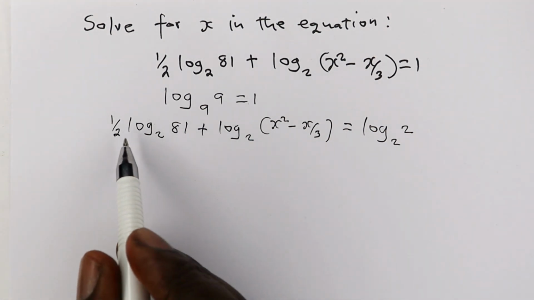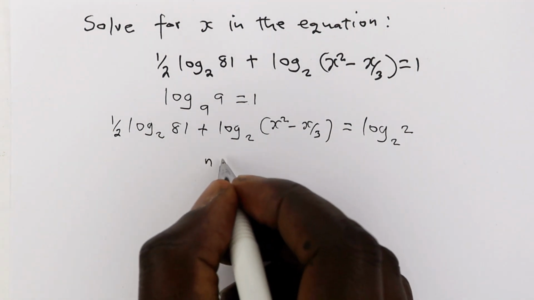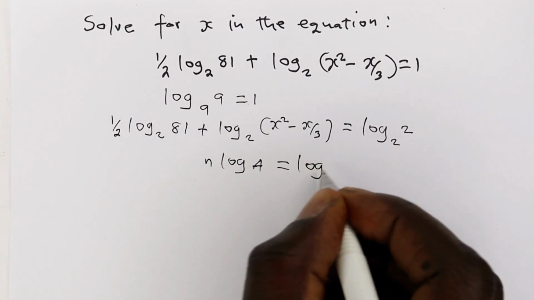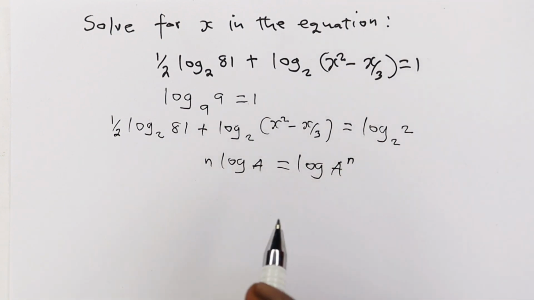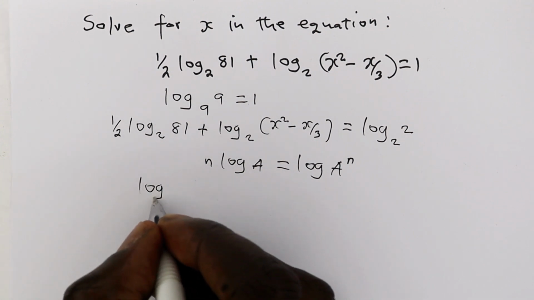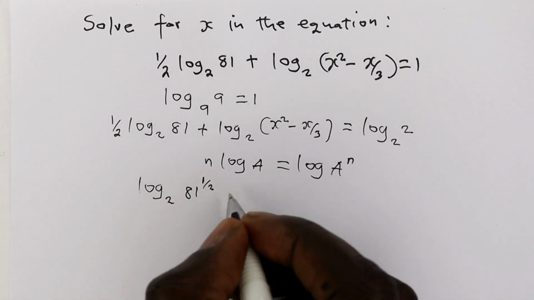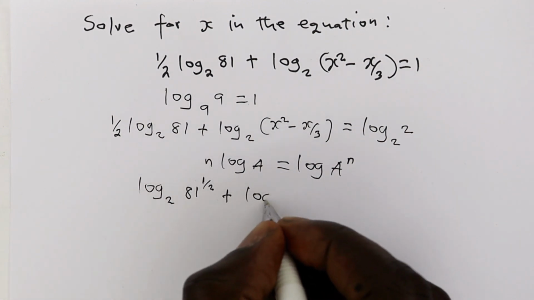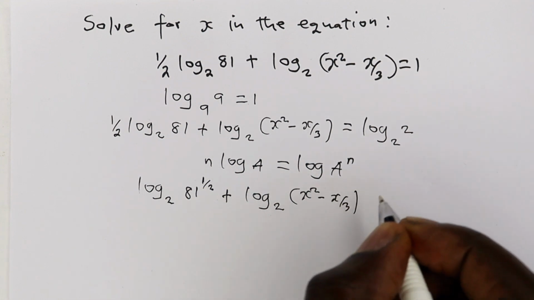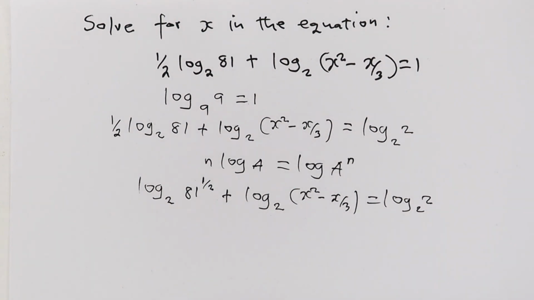From there, we're going to use the third law of logarithms, such that if you have n log of a, that is the same as log of a raised to the power n. So we're going to use that to write this as log to base 2 of 81 raised to the power half, plus log to base 2 of (x squared minus x over 3) is equal to log to base 2 of 2.